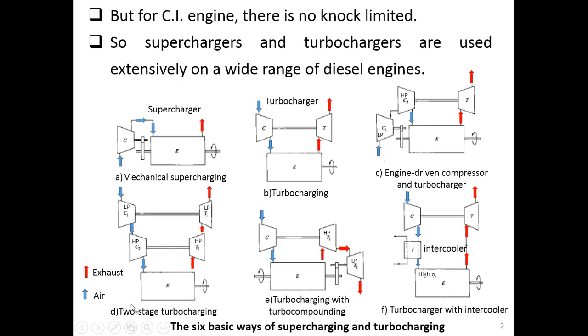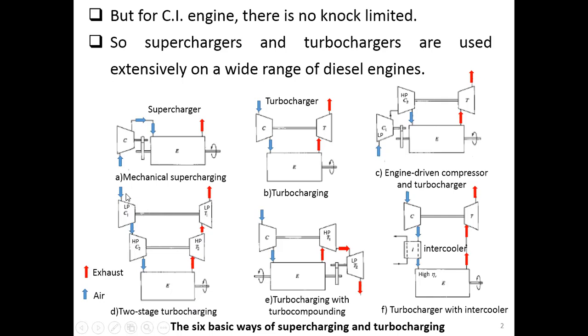Okay. The fourth configuration is called the two-stage turbocharging, where we have two turbochargers working together. The top turbocharger is the low pressure one, because we have a low pressure compressor here, driven by the low pressure turbine, and we have a high pressure compressor driven by the high pressure turbine.